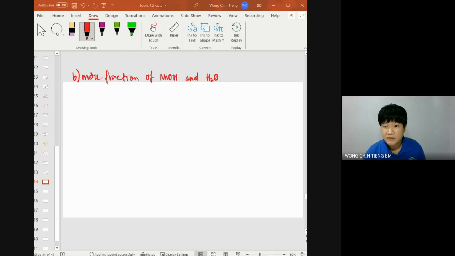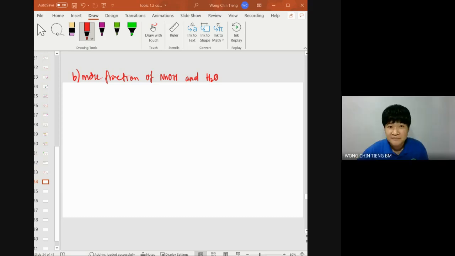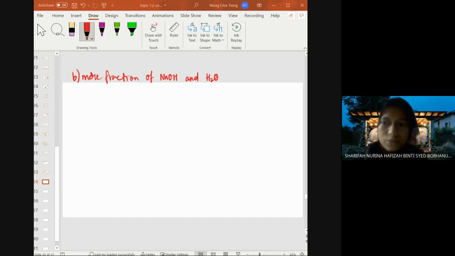Batrisha, saya nak jawapan WhatsApp. Tak siap lagi. Sharifah? Untuk mole fraction H2O saya dapat 0.8615. Okay. Untuk NaOH saya dapat 0.1385.